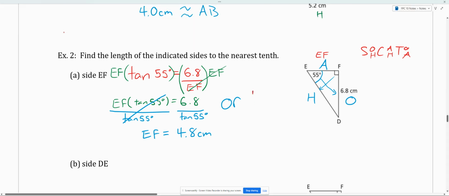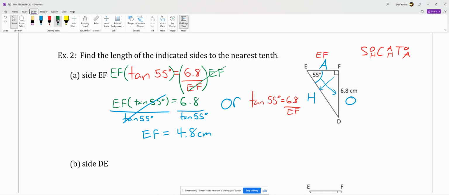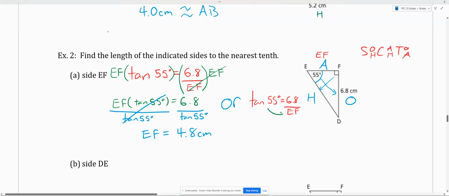Okay, so which looks like this. If I take the tangent of 55 degrees is equal to 6.8 over the side EF. If our unknown is in the bottom, we can easily just do a swap. That's all that's happened. So these two things have swapped.